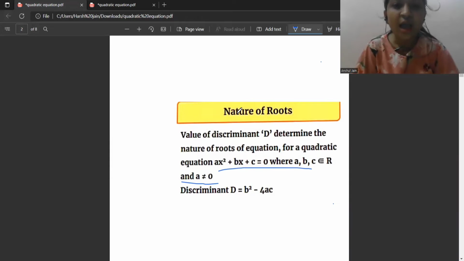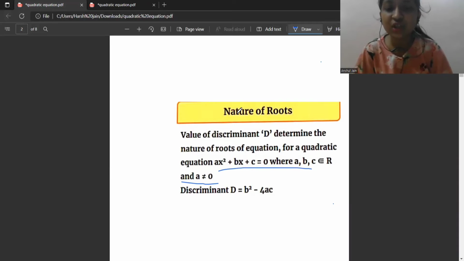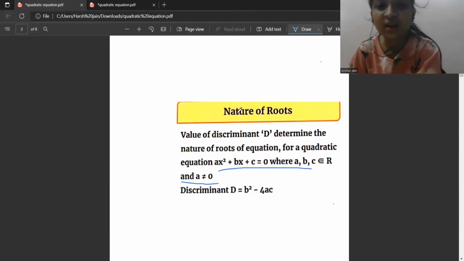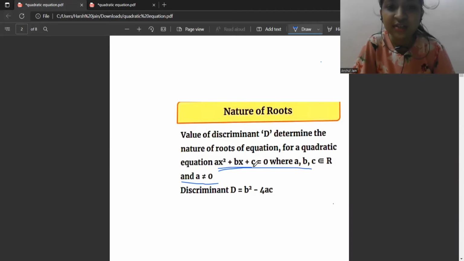If I say x equals t is a root of this equation, then the value t satisfies the equation, that is, the left hand side equals the right hand side, which is 0.